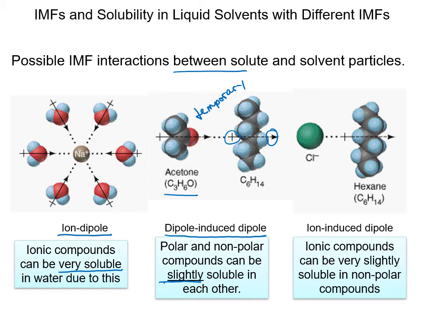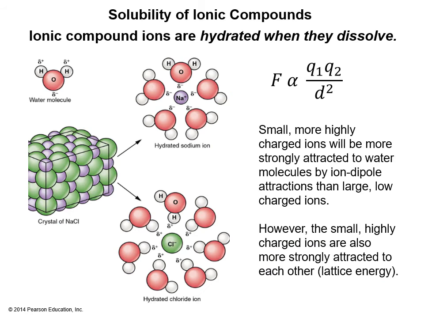You can also have ion-induced dipole. So the chlorine ion here has a negative charge and it will induce, again, a temporary dipole. Now this is not very strong. So again, they'll be very slightly soluble in nonpolar compounds. Let's take a deeper look at the solubility of ionic compounds in water.